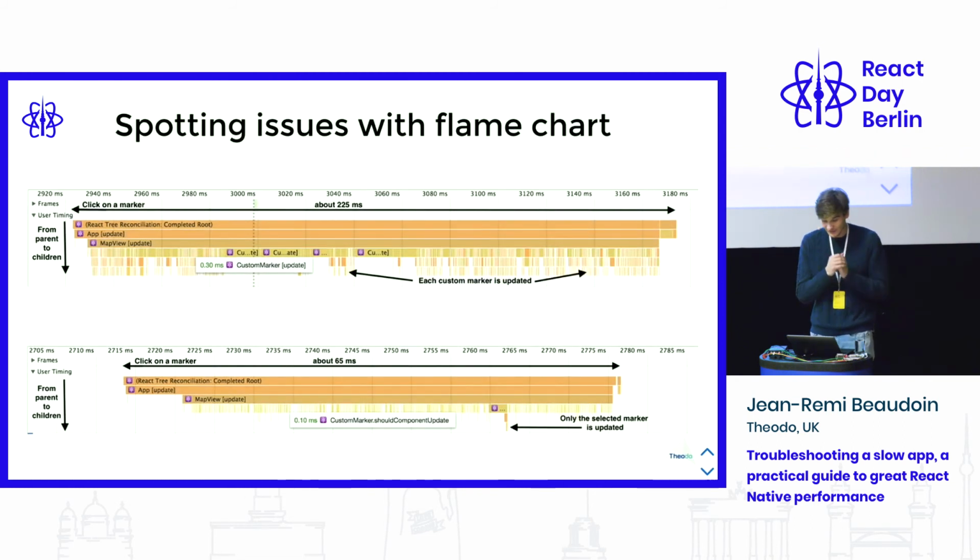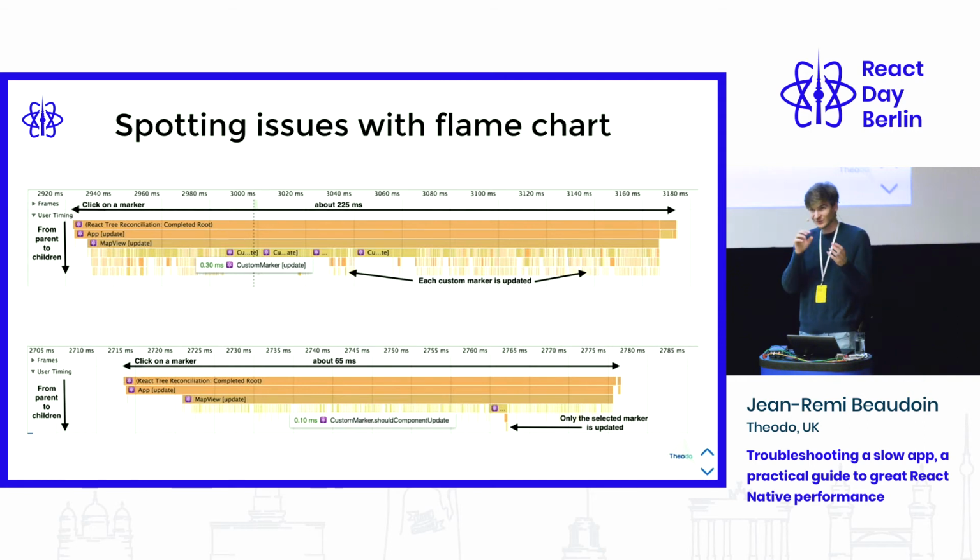Here is another example using the flame chart. We had a map with custom markers. We wanted that when you click on a marker, you change the style, basically make it bigger and change the color.